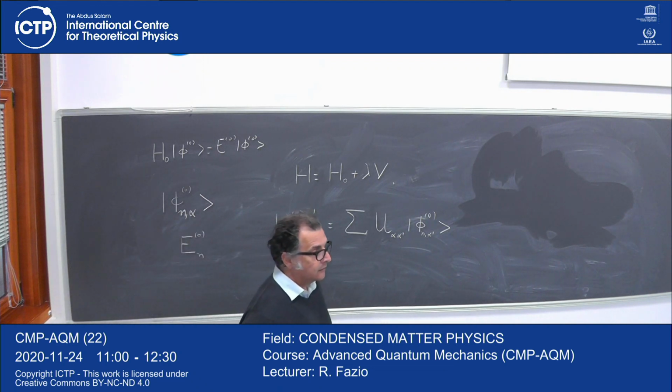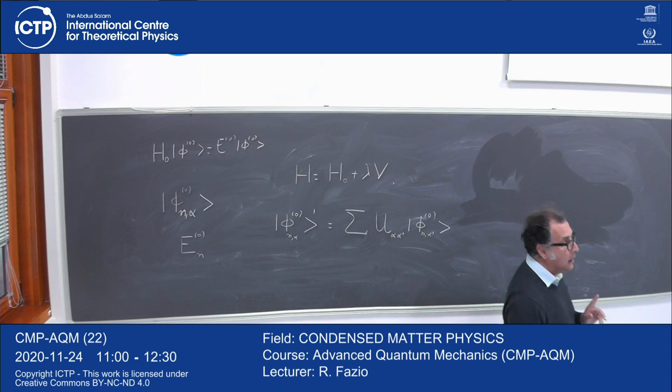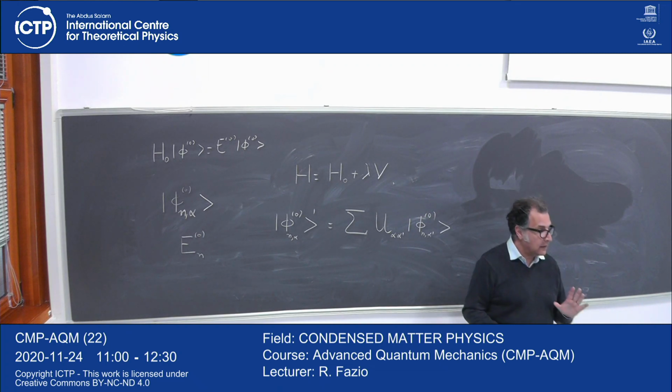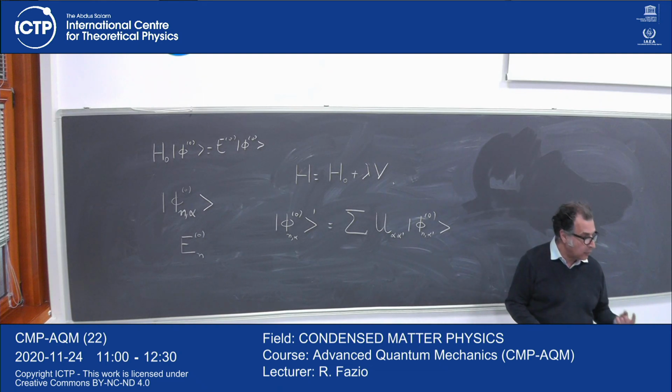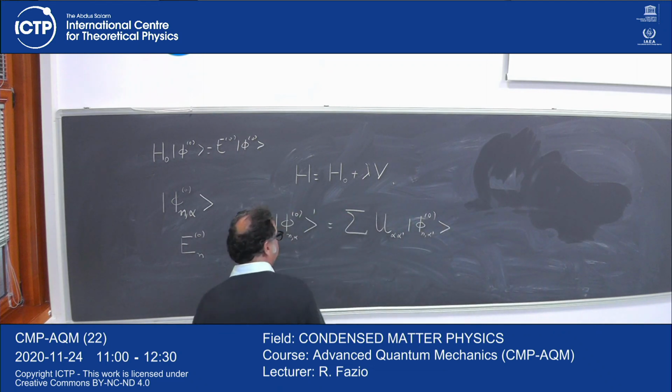And up to now, I have complete freedom to choose which basis I want to take. Now, it turns out that if I want to do perturbation theory in this degenerate subspace, the manifold, then there is one single basis which is the optimal choice. Let's see how we can find this.